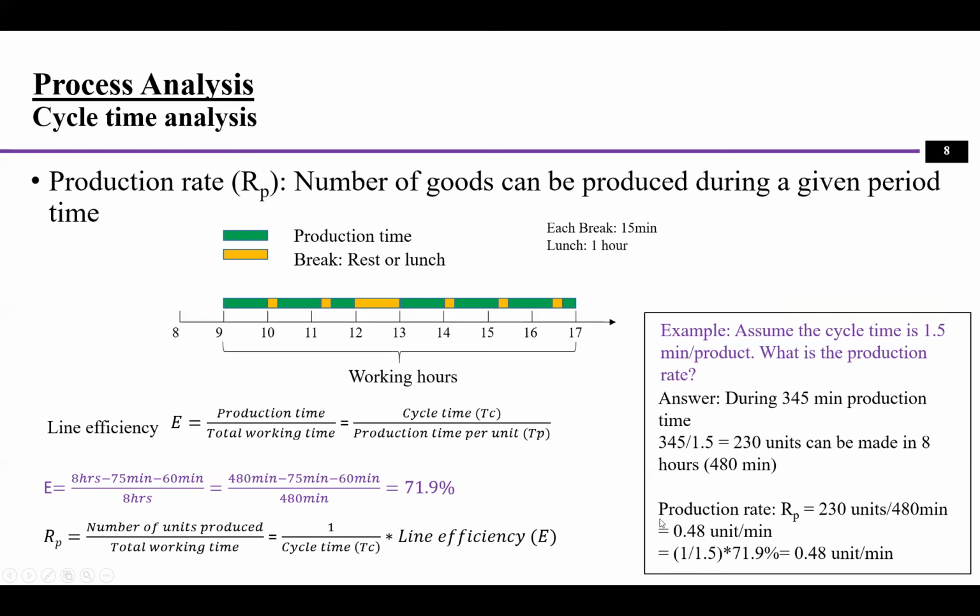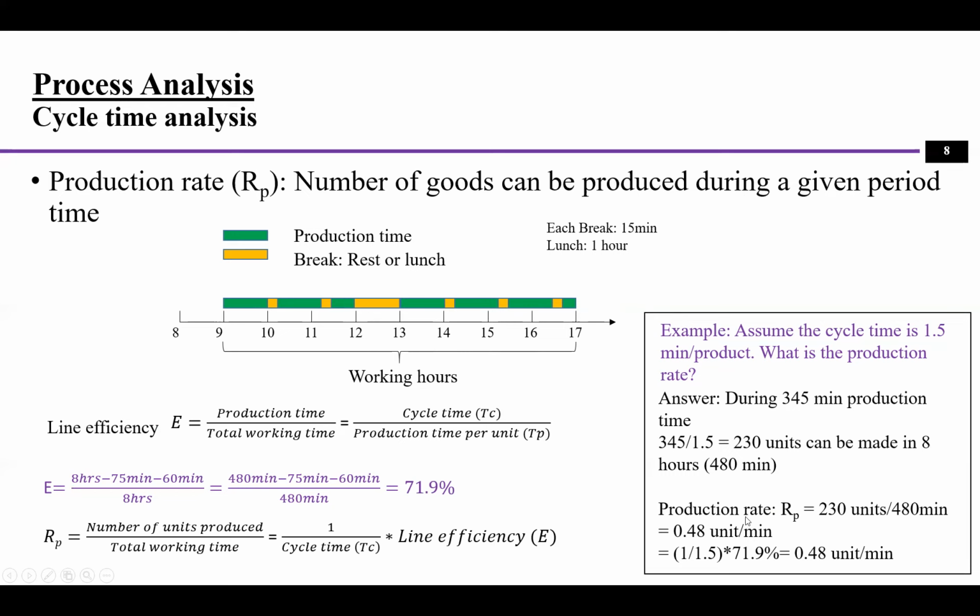Well, what about the production rate? Production rate is not the same, because for production rate we have to consider the efficiency, right? When we are looking at production rate, we're actually counting all 8 hours. If we are looking at how many can be made according to cycle time, we are only considering the green times.